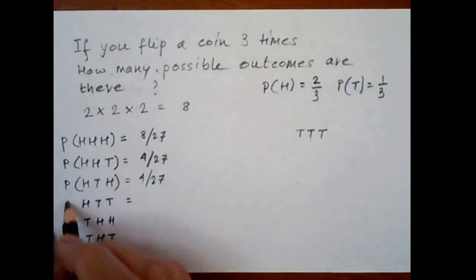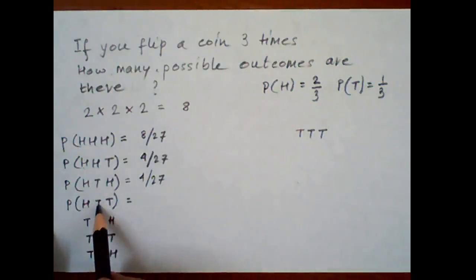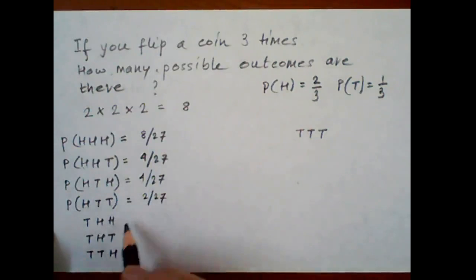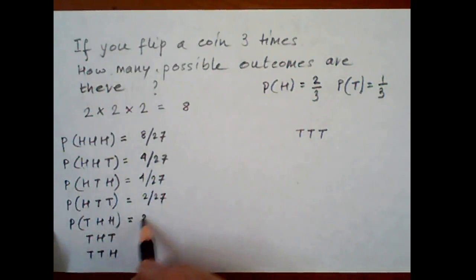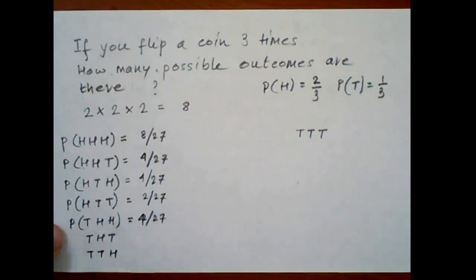Well, the probability of HTT will be 2/3 times 1/3 times 1/3, which is 2/27. Sorry, this is going to be 4/27 because there are 2 heads over there.